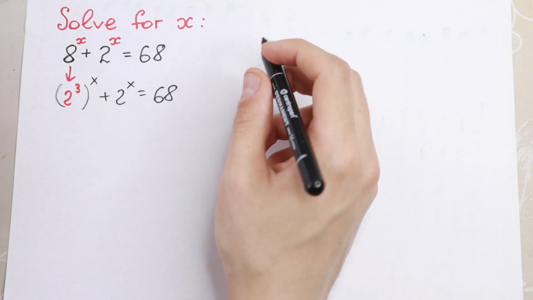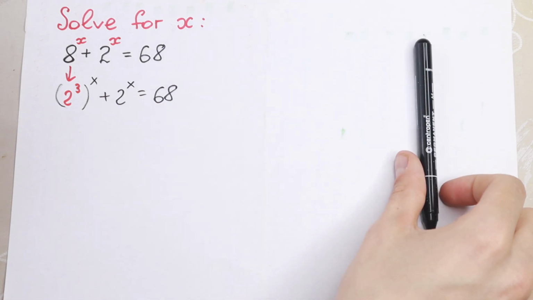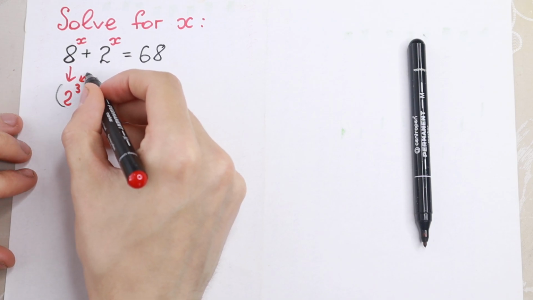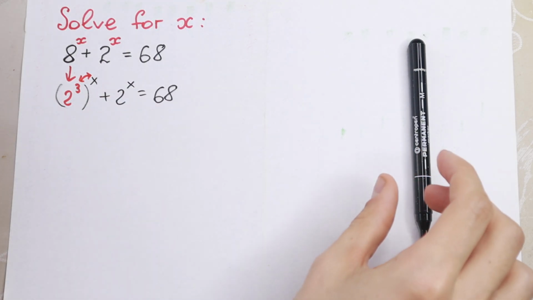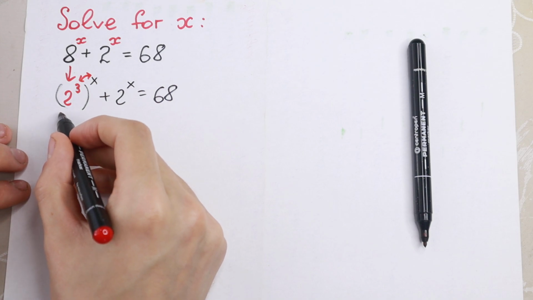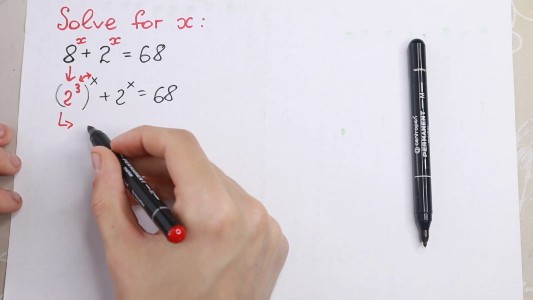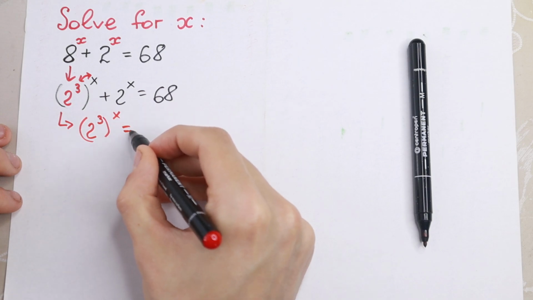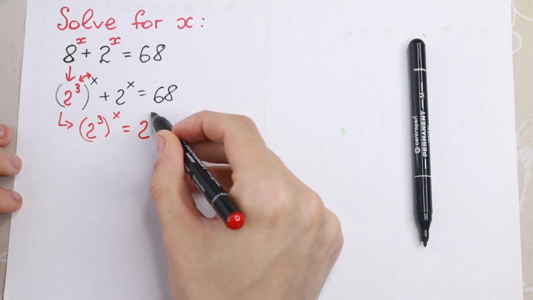Right now we need to know a rule of interchange. If we have a situation like that, it doesn't matter, because we can swap these powers, these exponents. I can explain why. If we have, for example, 2 to the power 3 to the power x, we can easily write it as 2 to the power 3x.